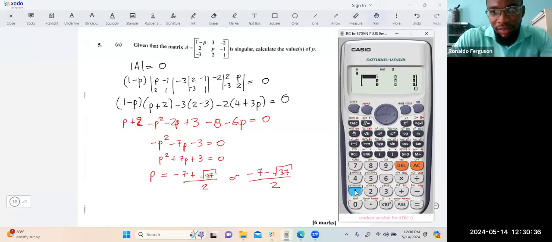So 3 by 3. I'm going to put A as p right there. Because I don't think this is going to be 0. So let me just check something. Minus 7 plus root 37 divided by 2. This is negative 0.4586.